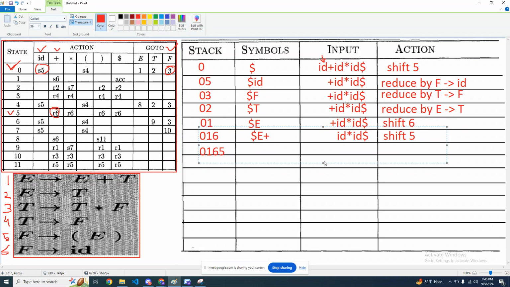So our input will also change. We need to shift ID here. Our input will be multiplication ID, right?